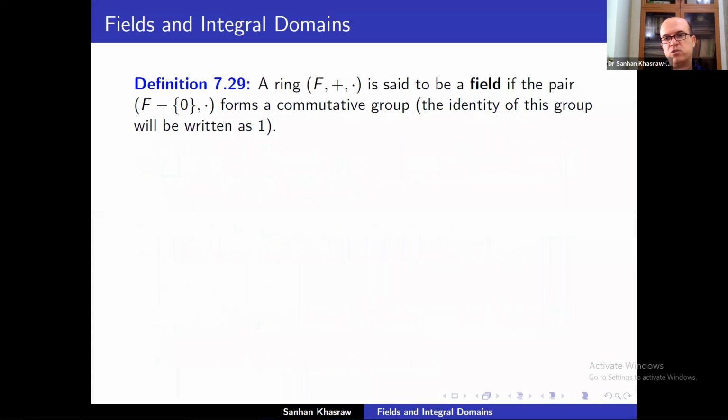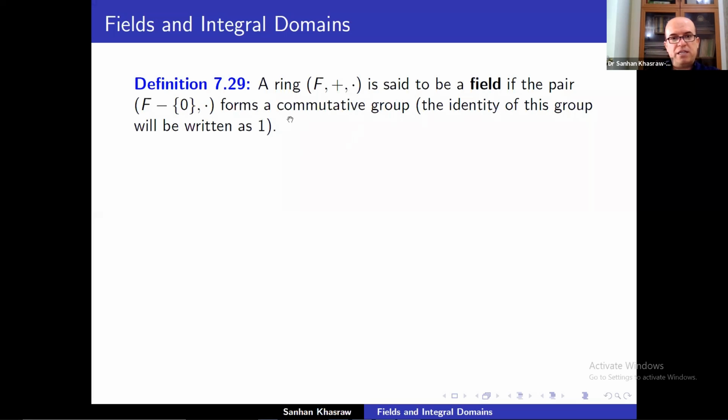Let's recall the definition of a field. As I said before, a field is a commutative division ring. So I use the letter F instead of R because I'm talking about a field, the first letter of the word field. F with the second operation is commutative, because from the previous definition we said it is a commutative division ring. Division ring means every non-zero element has a multiplicative inverse.